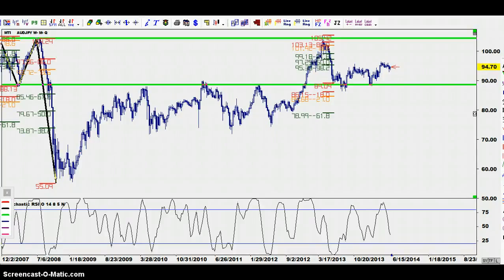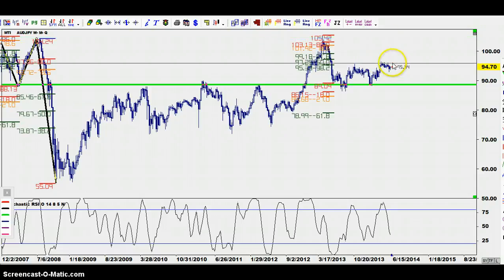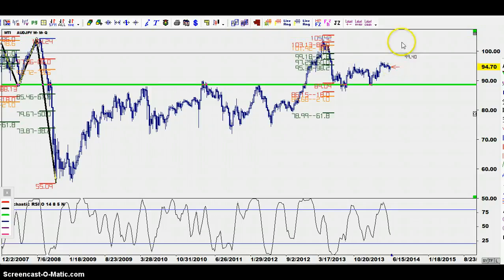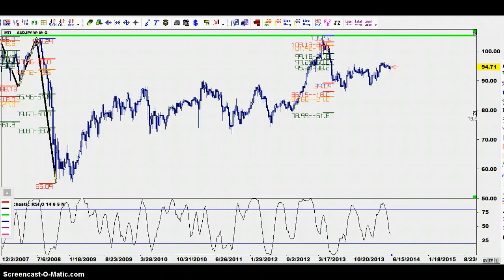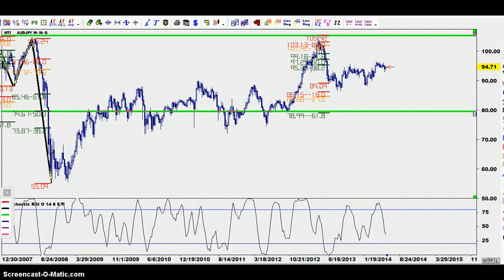Okay, so we've seen this, it's gone up, it's come back, tested, and it's shooting back down again. It's come down to about here, which is just a little higher than the 382. So it has tested the 382, and it will be heading down, or is due to go down, to that 618 if it follows the technicals.